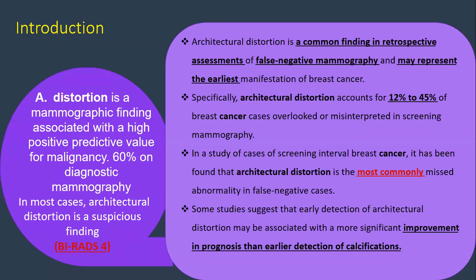Architectural distortion is a mammographic finding associated with a high positive predictive value for malignancy. Some studies mention 60%, and some up to 74.5% on diagnostic mammography. So in most cases, architectural distortion is a suspicious finding and should be coded as BI-RADS 4 at least.